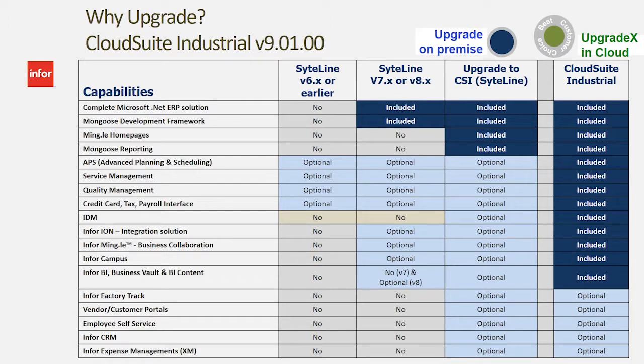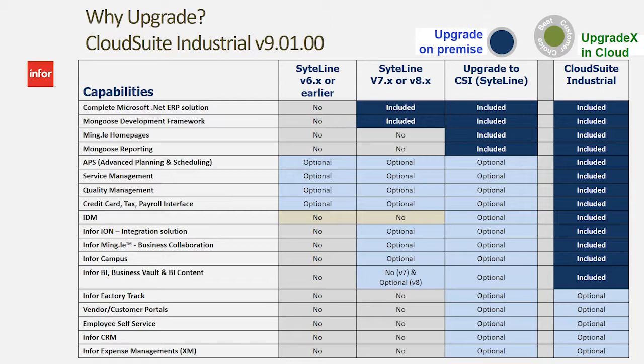So the next to the last column, you'll see that there's 4 of the capabilities included, things like your .NET ERP solution, Mongoose development framework, which is the same tool used to develop the entire CloudSuite Industrial system, and also to enhance it and personalize it as you move forward. Mingle home pages and Mongoose reporting, those are all included, and we're going to talk about Mingle home pages as we go further.